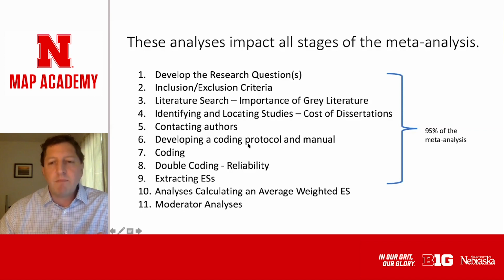It's going to pay off. Calculating the average weighted effect and doing moderator analyses, things like that, are really quick. That's something that a lot of analysts can do. But if you really want to have a great meta-analysis, you've got to spend the time on the front end doing a lot of the coding and the searching.